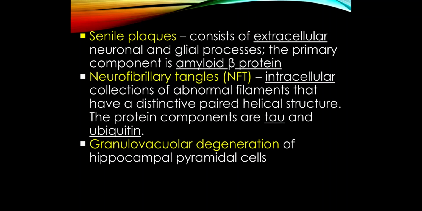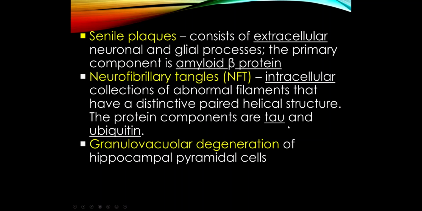So remember, senile plaques are extracellular amyloid beta protein, neurofibrillary tangles is tau that is intracellular in the cytoplasm, and the neurofibrillary tangles, it's tau and also ubiquitin. There's another protein that's involved there.